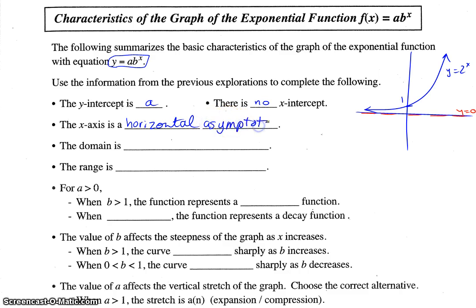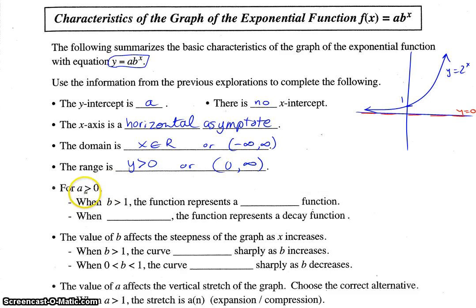That's a weird word to spell. Okay, the domain goes forever left and right, so the domain is x element of the reals, or in interval notation, negative infinity to infinity. The range is greater than 0, or written in interval notation, 0 to infinity.